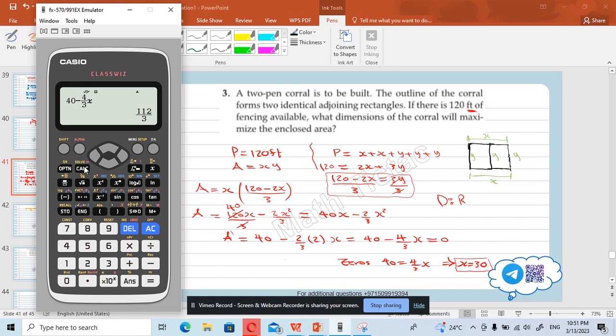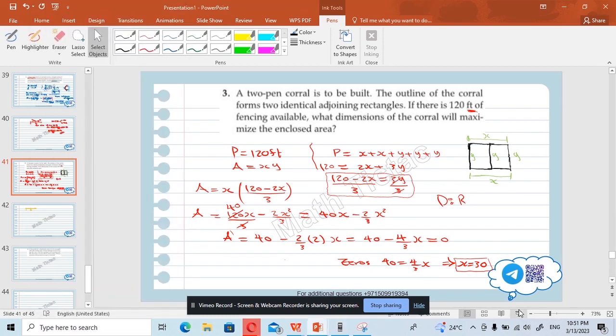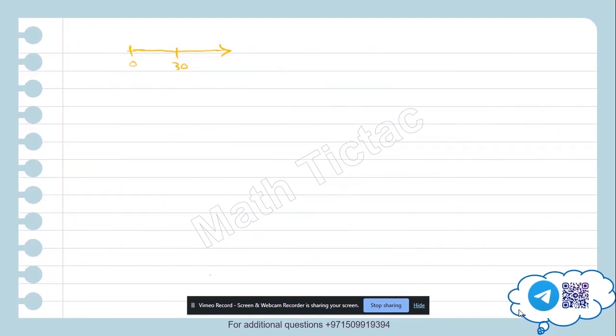So this is positive. Let's calculate a value greater than 30, let's say 40. This is negative. So we have positive, negative, which means in here we have increasing, then decreasing. This is a maximum. So local max at x equal to 30 feet.